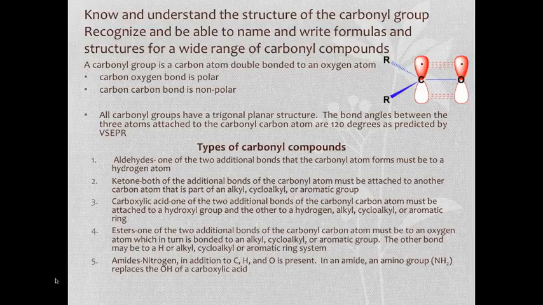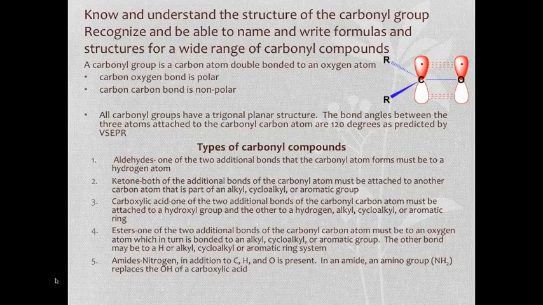A carboxylic acid must have one of the two additional bonds of the carbonyl atom attached to a hydroxyl group and the other to a hydrogen, an alkyl, a cycloalkyl, or aromatic ring.